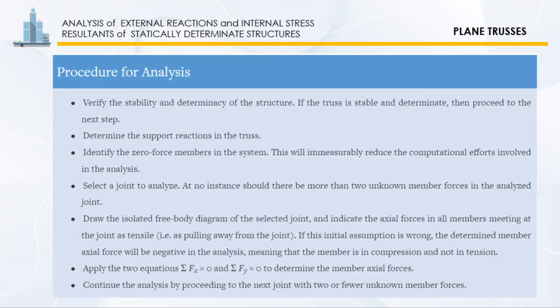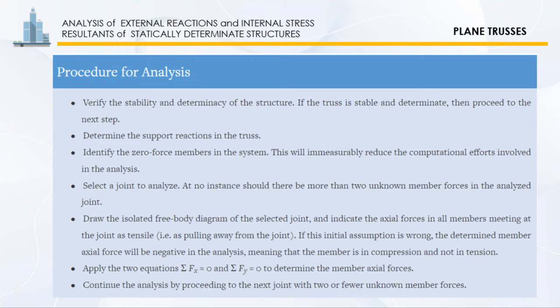So here's the procedure in analyzing plane trusses using method of joints. So first is to verify the stability and determinacy of the structure. If the truss is stable and determinate, then we will proceed to the next step, which is to determine the support reactions in the truss.